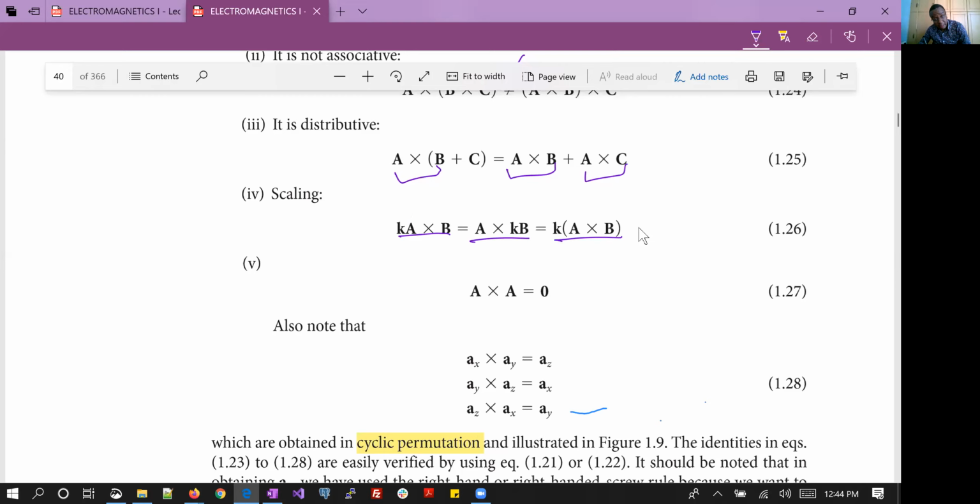So it works that way. And A cross A is always 0. You cannot rotate two same vectors, so you cannot cross product two same vectors. Remember, you can do A dot A. That is possible, but this is not possible. So just remember.